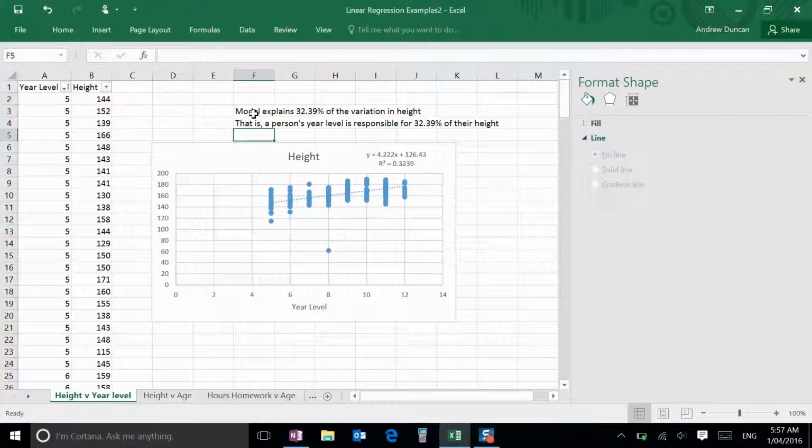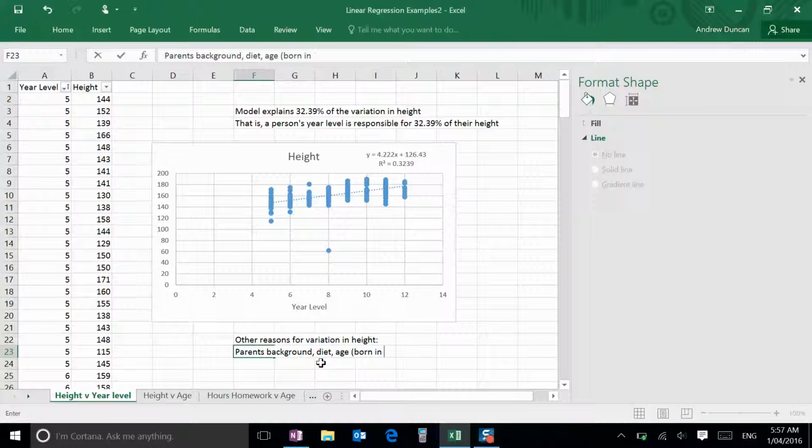What other reasons do we have for people's height being different? You can probably think of a whole heap of other reasons why. Some could be their parents' background. Could be diet. Could be their age, whether they're born in Jan or Feb.